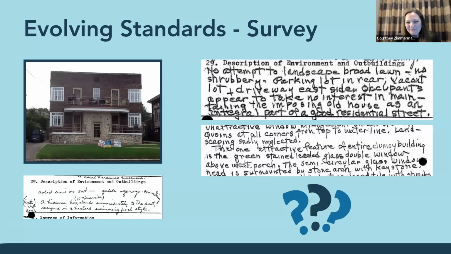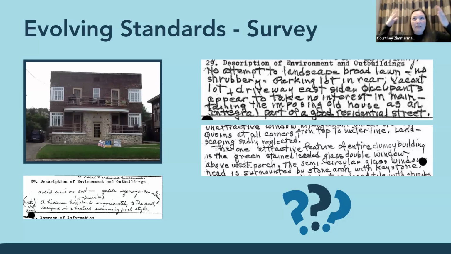And then on the right here, I want you to just imagine in your mind what this building could look like. "No attempt to landscape, no shrubbery. Occupants appear to take no interest in maintaining the imposing old house." So a lot of judgment, a lot of personal feelings in this survey. And then it says, "the one attractive feature of the entire clumsy building is this window."